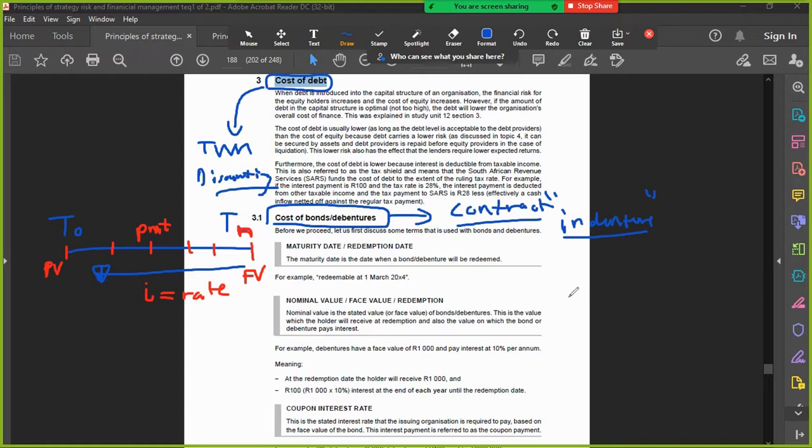Again, let's use an example. ABC Limited. They're a public company. Because they're a public company, they can issue shares on the JSE, or they can also issue bonds. Obviously these would be bonds that would be accessible because they're a public company, so businesses can invest in these bonds.